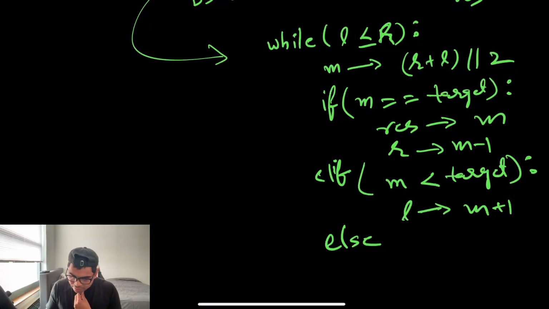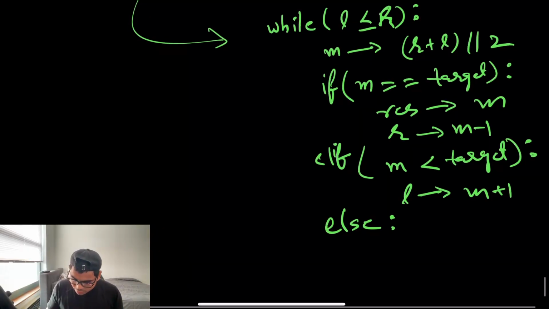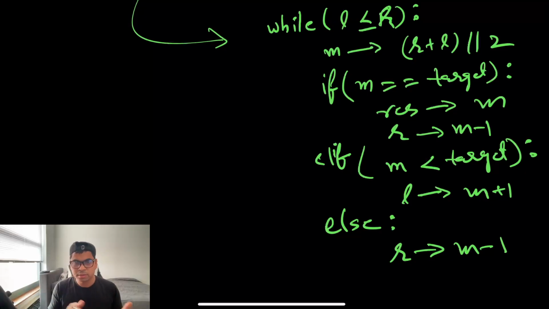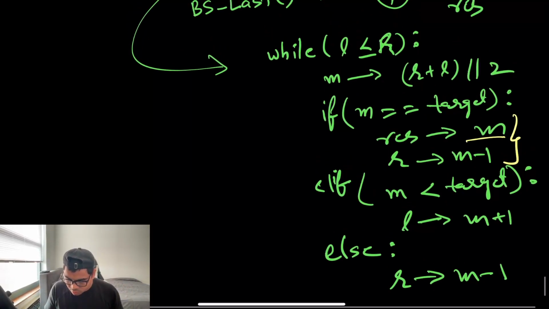So m is either equal, smaller, or greater. For the else case, we don't have to mention the condition. We'll simply move our right pointer to m minus 1, which means we're going to start looking in the left side. Here as well, we are doing the same thing, but when we find the target, we're trying to get the leftmost possible valid index for that value.